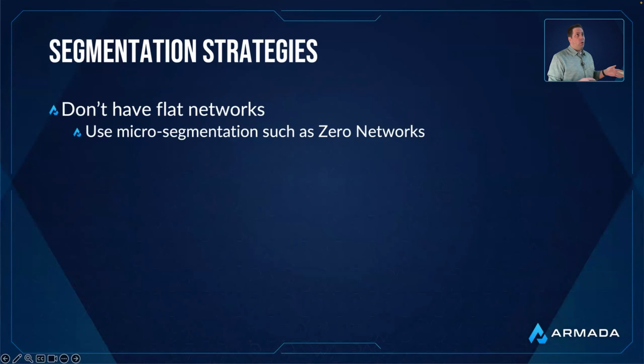I mentioned MFA before, and one thing I wanted to call out is something we're starting to see a little bit more of, called microsegmentation. With Zero Networks, for example, if you wanted to RDP to another host, you need to authenticate again. You're prompted for MFA again, and then it lets you RDP to that host on an internal network.